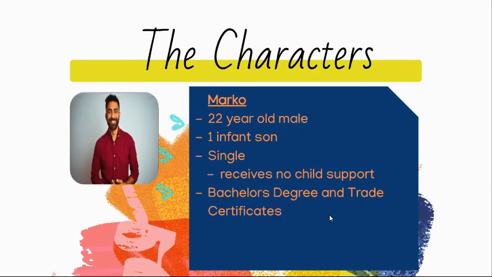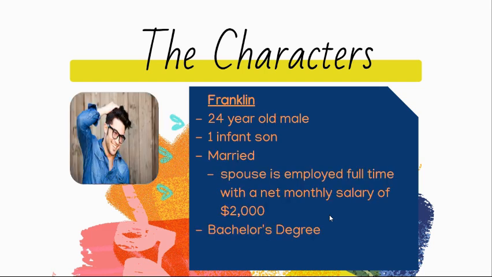Marco is a 22-year-old male. He has an infant son. He's single. He receives no child support, and he has a bachelor degree and trade certificates. And trade certificates are like the trades version of having a bachelor's degree or a college diploma.